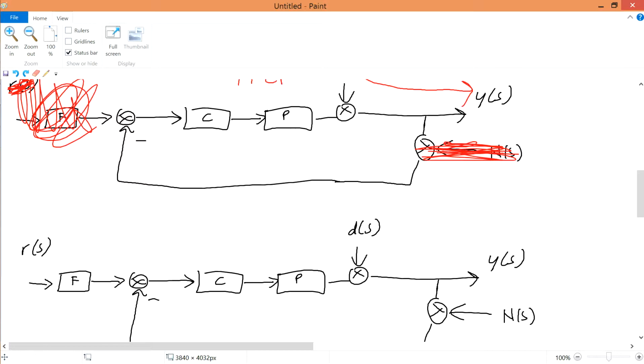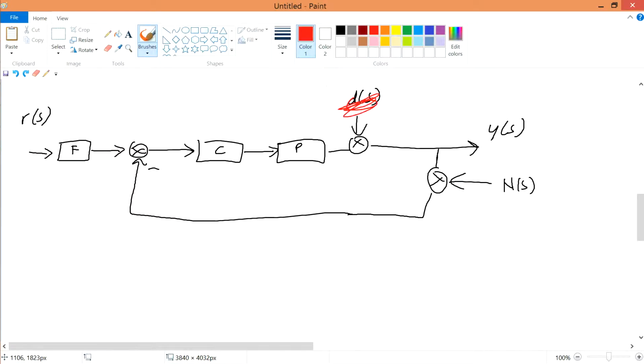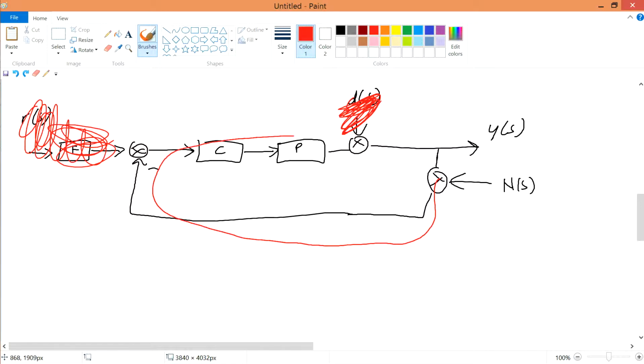Next, the last one is N of S. To analyze in terms of N of S, I'll remove the existence of D of S and R of S, assuming that they are totally not there. The forward loop is simply going in this direction, because you can only go in this direction. So the forward loop is simply CP.